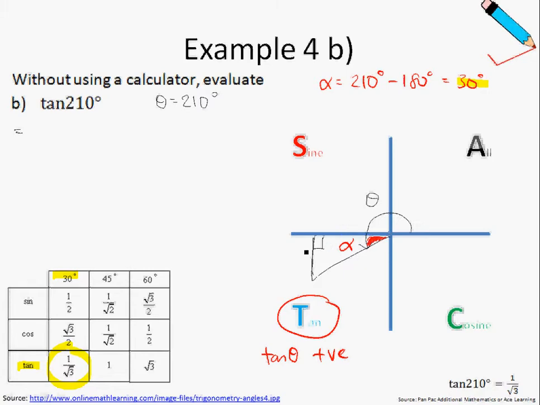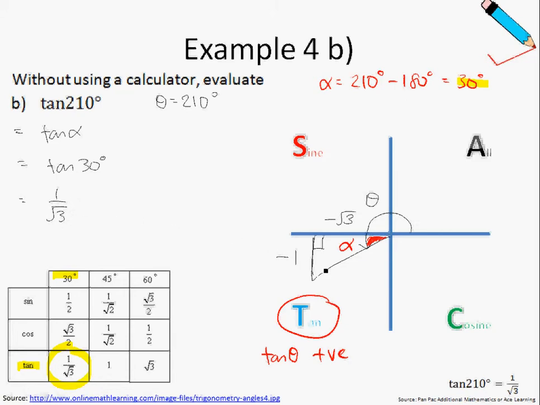So the opposite to alpha will be -1, and the adjacent should be negative root 3. So we will write this as tangent alpha, which is the same as tangent 30 degrees, and tangent 30 degrees is just 1 over root 3.